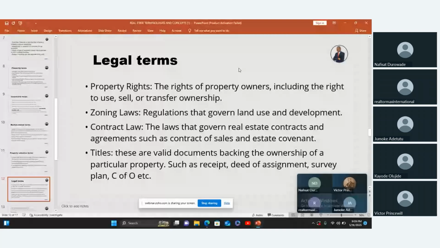In real estate, a deed is proof and bond. Then the types of deed: warranty deed, warranty deed, with clear ownership and right to sell.